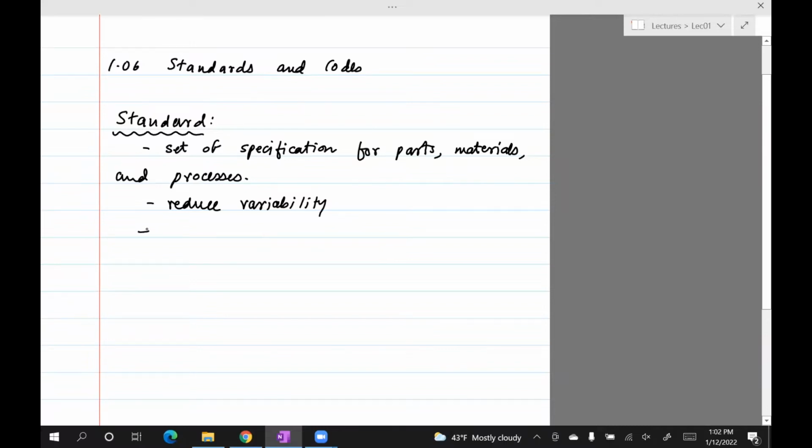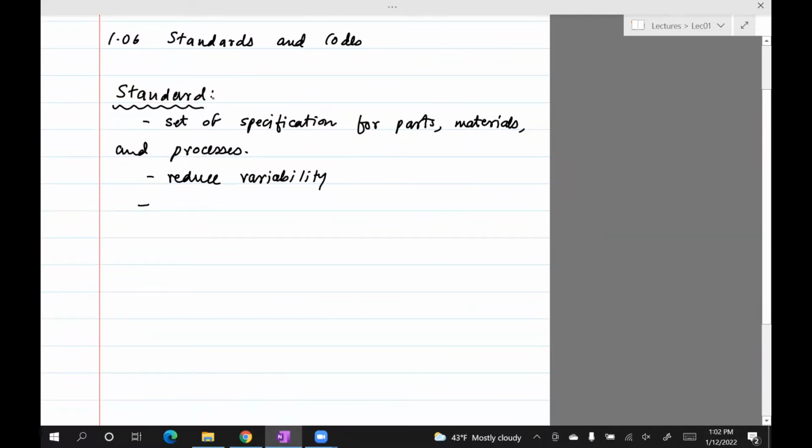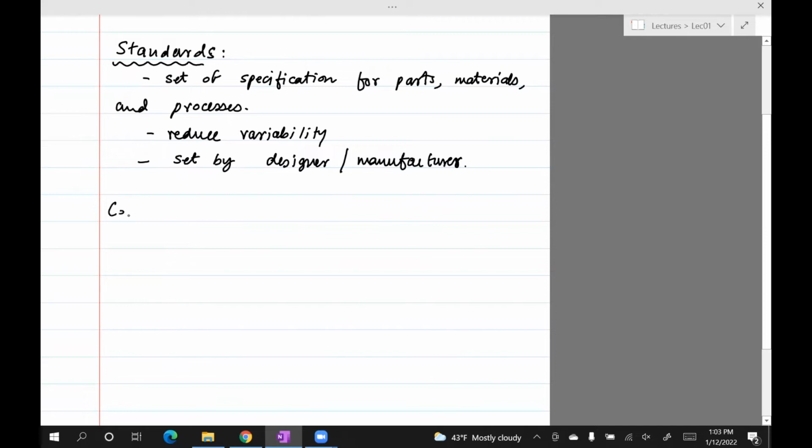And it turns out that standards are set by the company which is going to either design them or set them. So, set by the designer or the manufacturer. Now, codes are slightly different from standards.